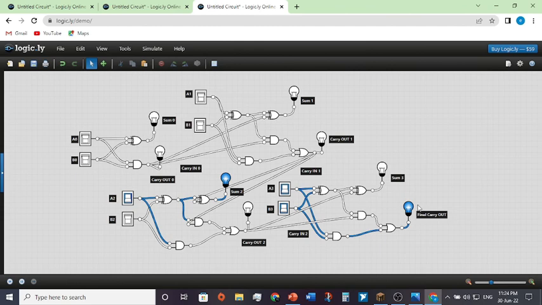So 16 and 4 are lit up, so that means it's 20. Yeah, so it gives the answer. In binary, this can be written as 1 0 1 0 0. That's the binary answer. If you did binary addition, you would get that as the answer.